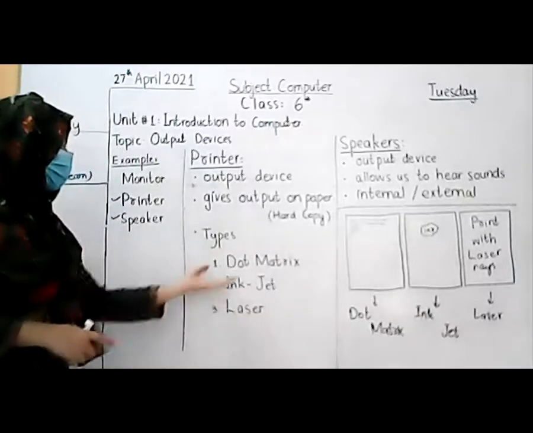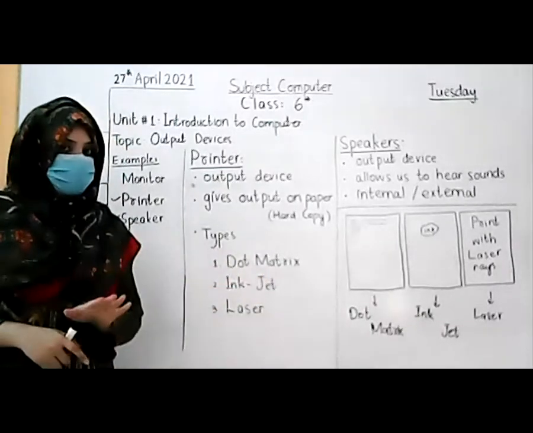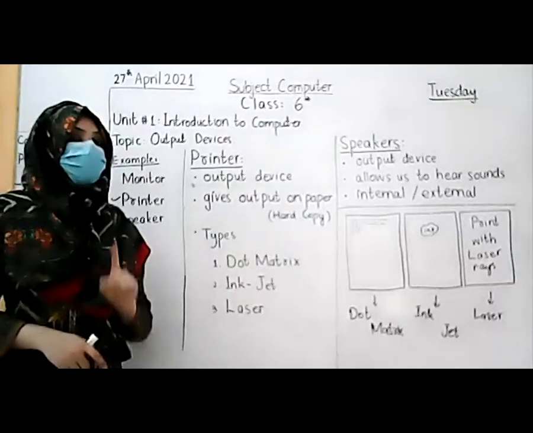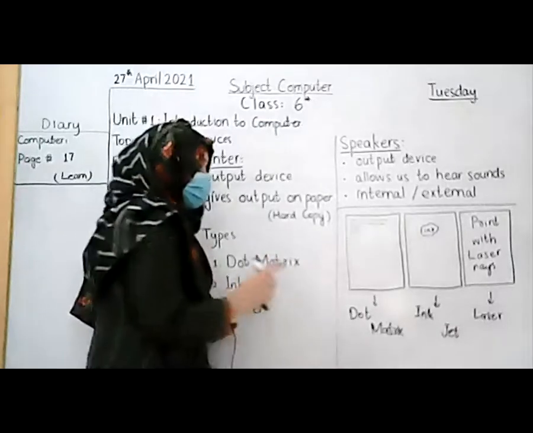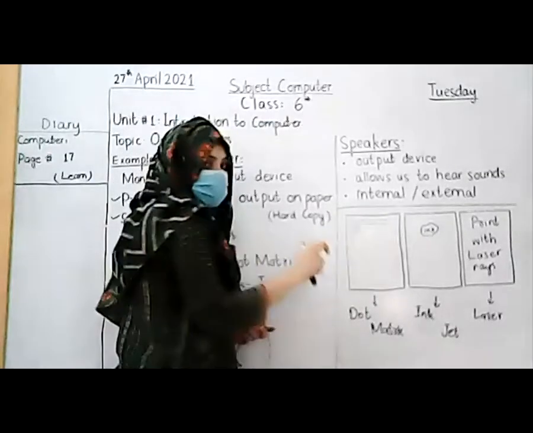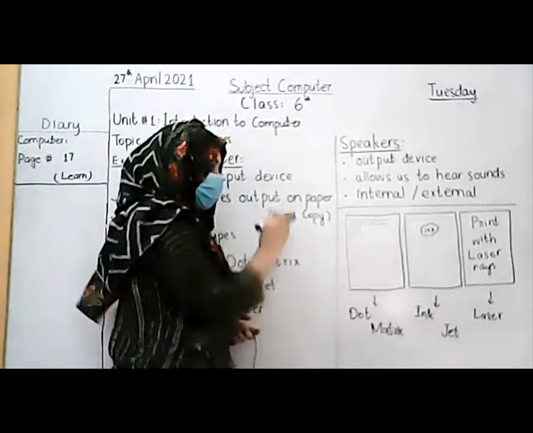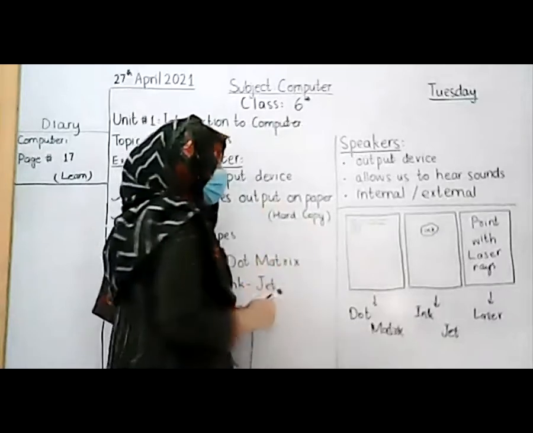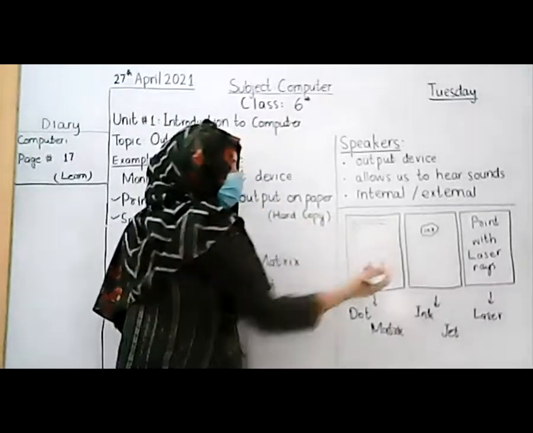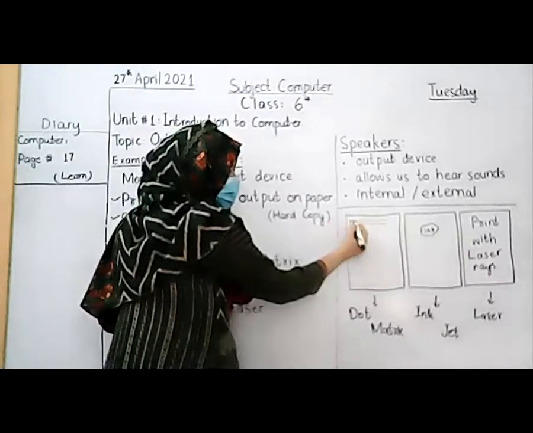So how does it work? The name dot matrix shows that it works with dots. Here is an example. First of all, it will put shadow dots on the paper. Then it will join these dots to print any number or letter. For example, if I want to print 0, it will join these dots.